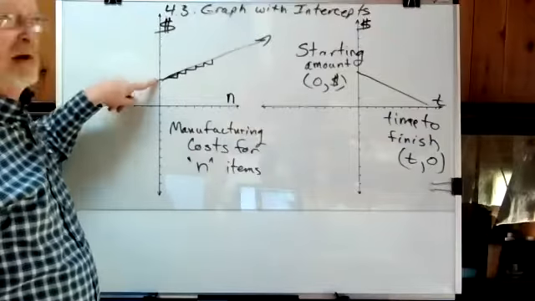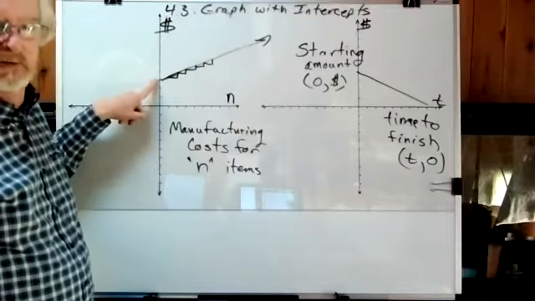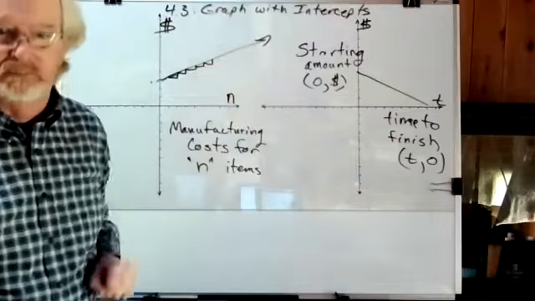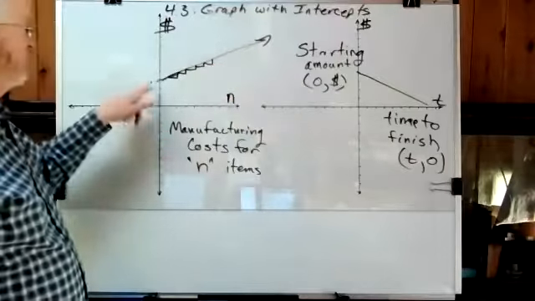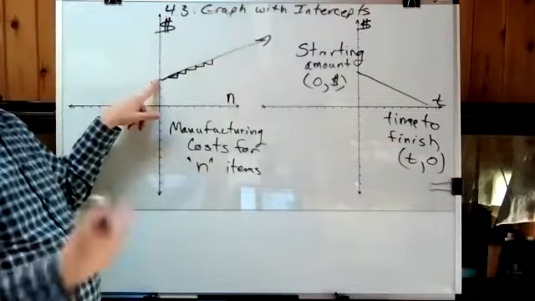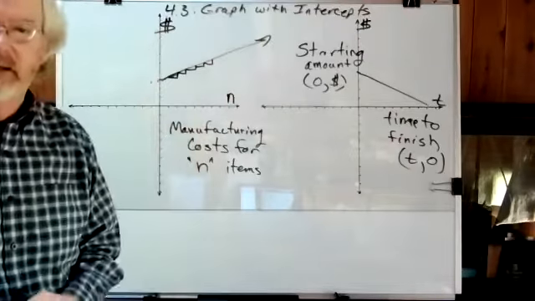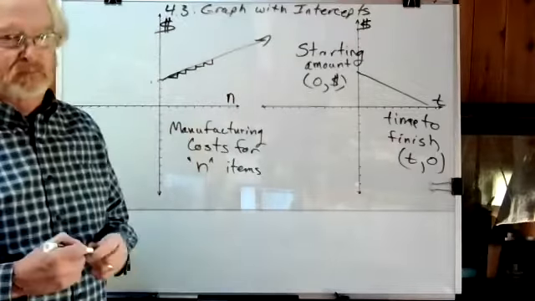I haven't even made anything yet, and I already spent $2,000. Now I'm going to start spending money for each additional thing I make. So, starting point, just to get started, I spent this much. So it's trying to interpret what the intercepts mean.